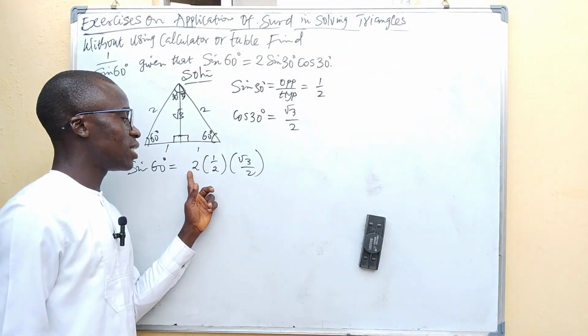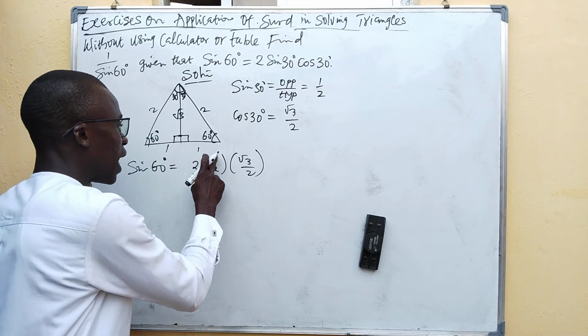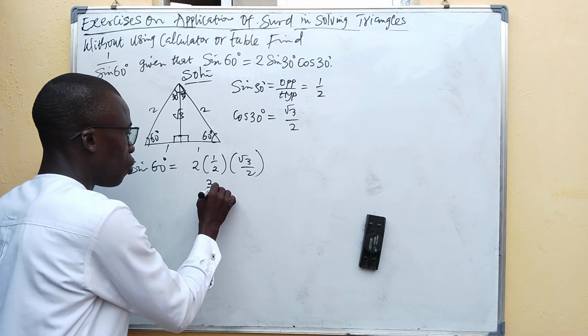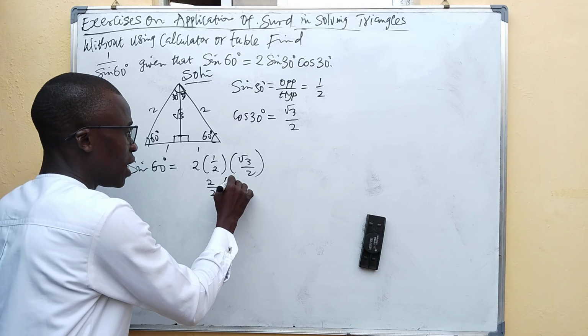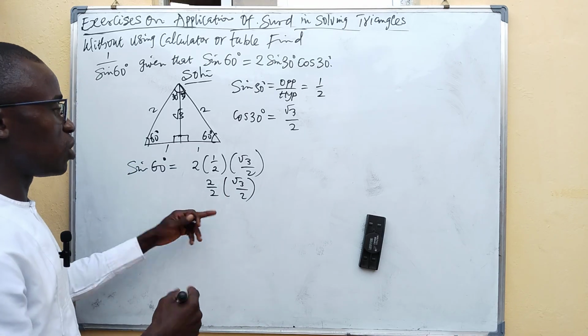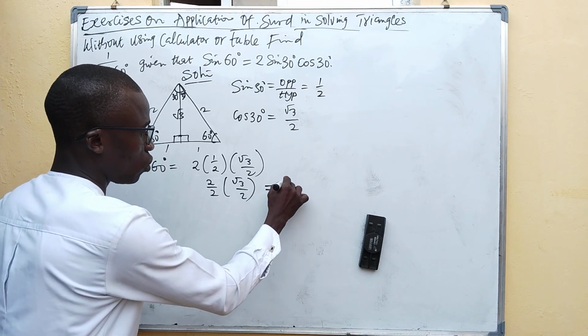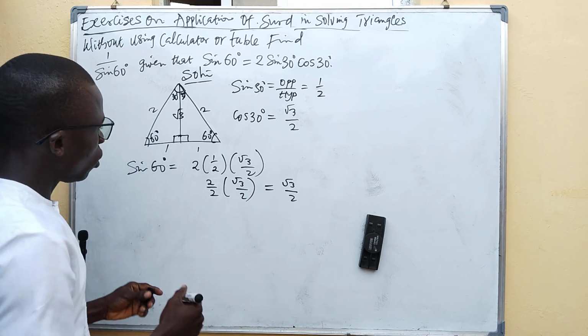Nothing concerns that number with the denominator. Please take note of that. 2 times 1 will give us 2 over 2, multiplied by root 3 over 2. And 2 over 2 is 1, so 1 times this will give us root 3 over 2.